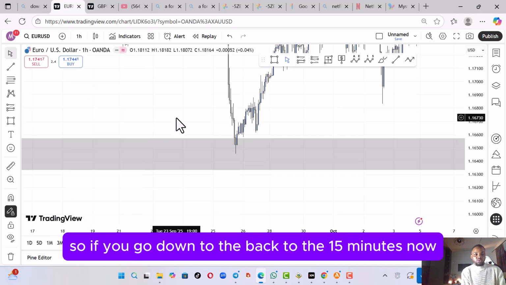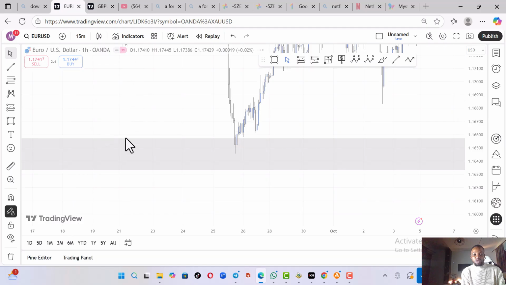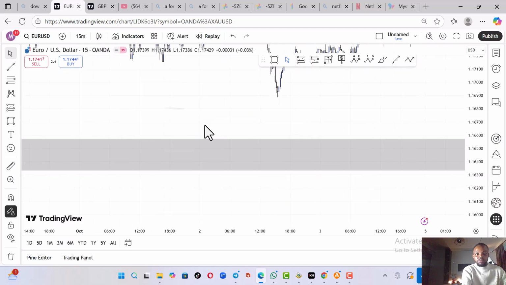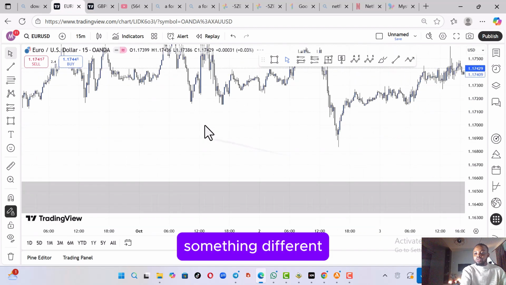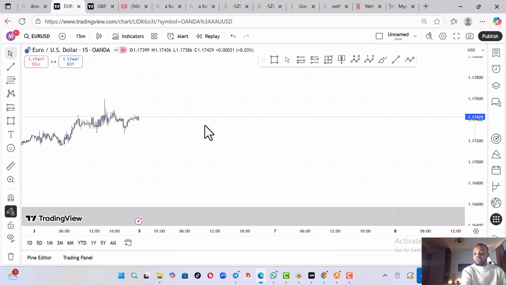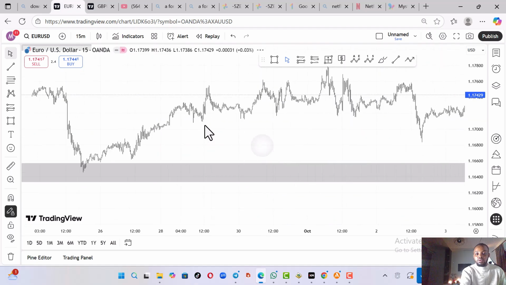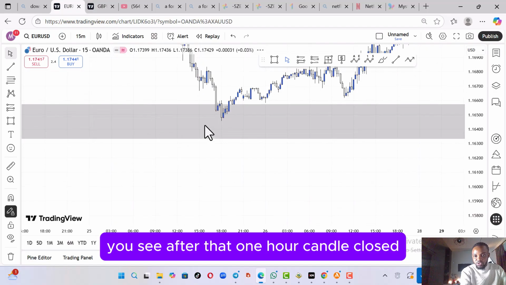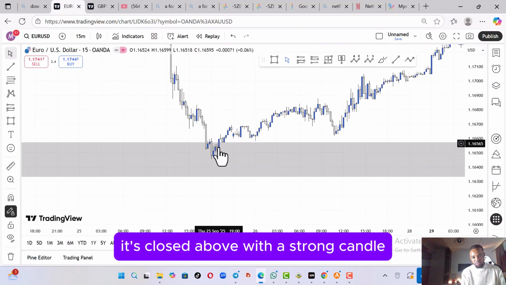So if you go back to the 15 minutes now, you are going to be seeing something different. So right here, you see after that 1 hour candle closed, it closed above with a strong candle.